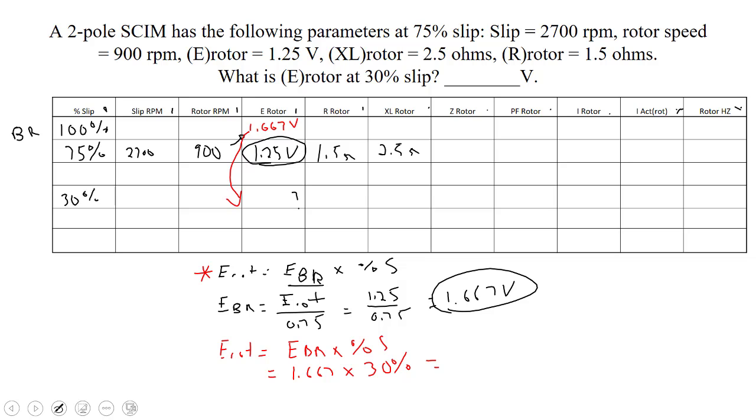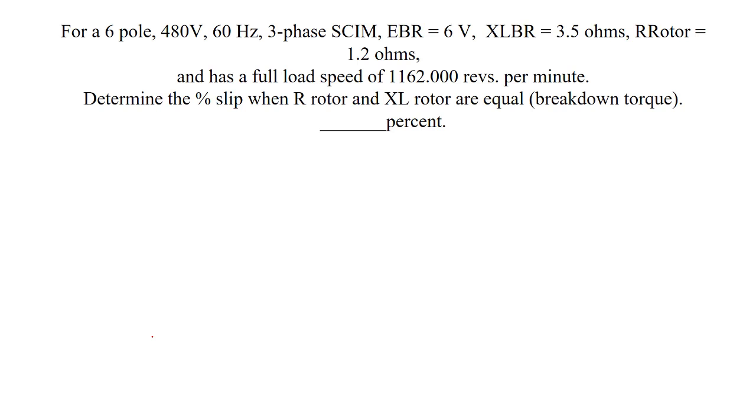So that will come out to about half a volt. So 0.5 volts, and that's your answer. Just using this chart and navigating up and down different columns is a lot of what these questions are about. So let's try another one here.